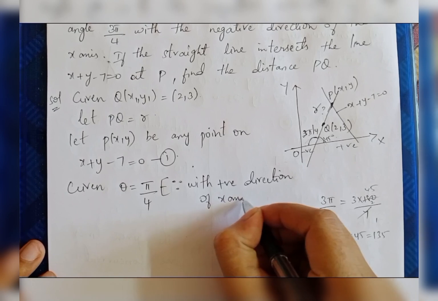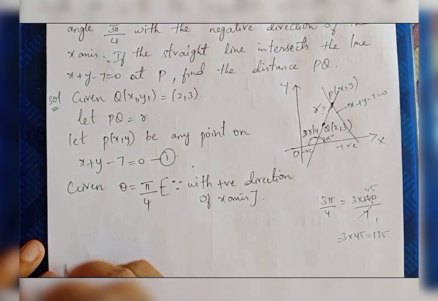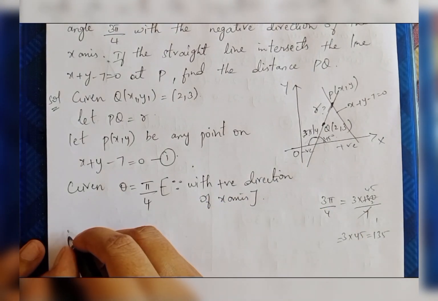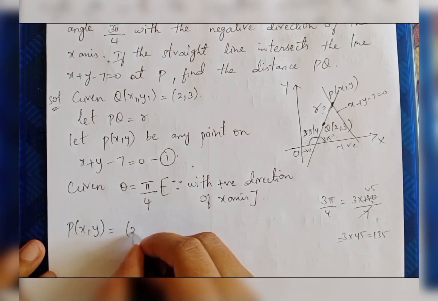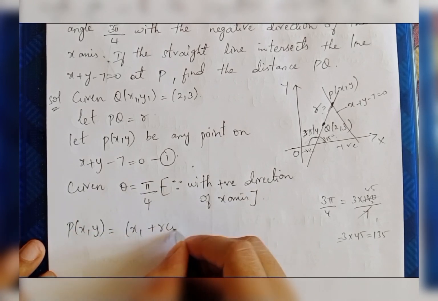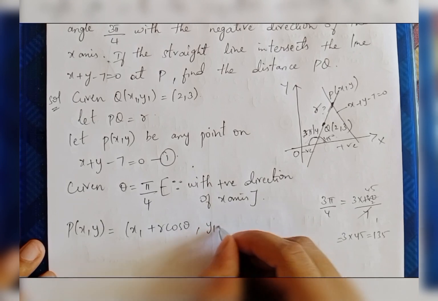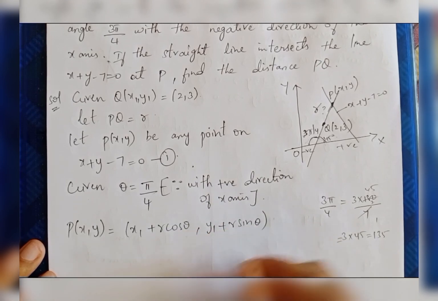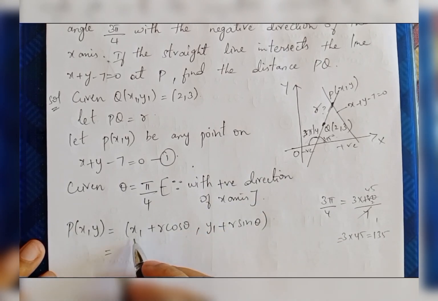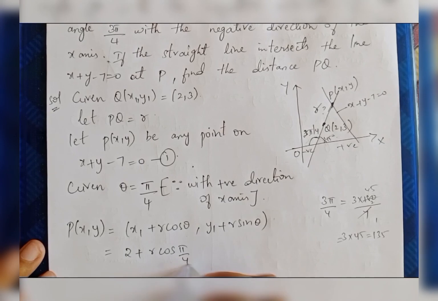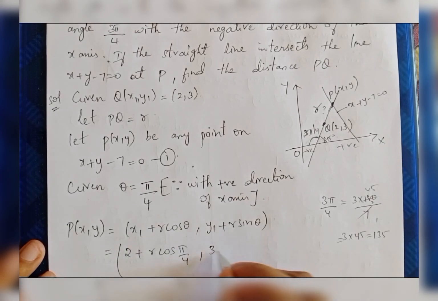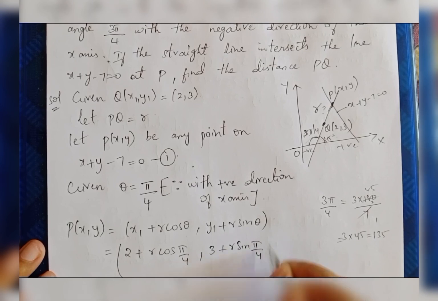of the x-axis. Now we use the parametric equation to get the point P x comma y, equated with x1 plus r cos theta comma y1 plus r sin theta. The x1 value is 2, so 2 plus r into cos 45 degrees, pi by 4, comma 3 plus r sin pi by 4.